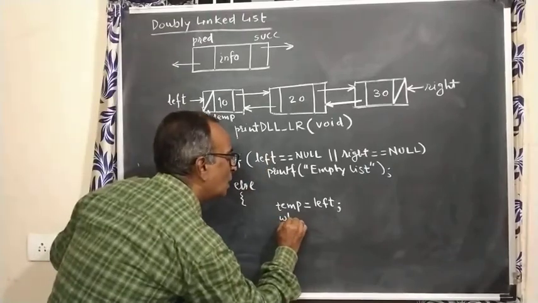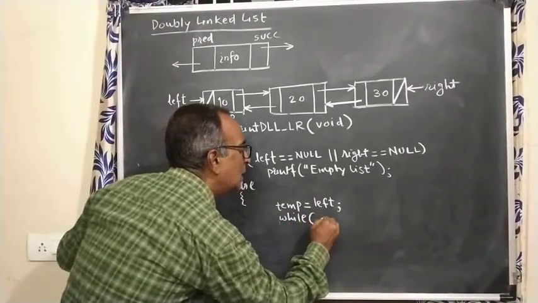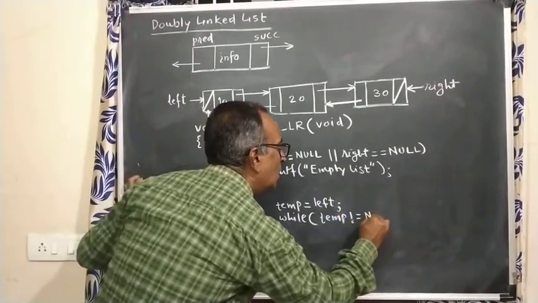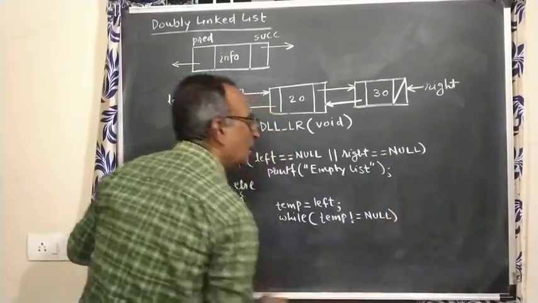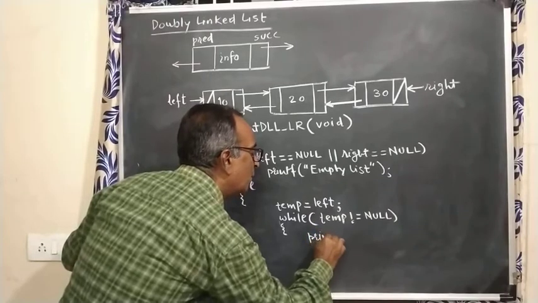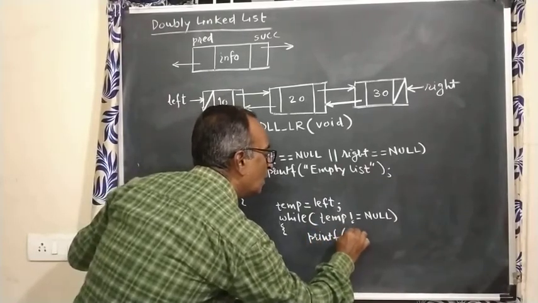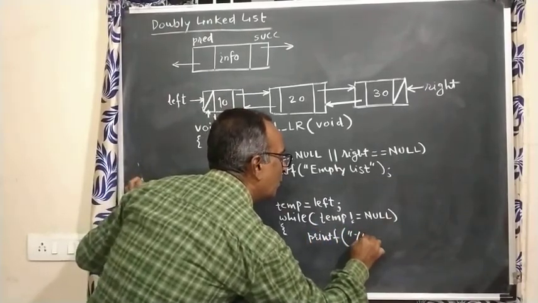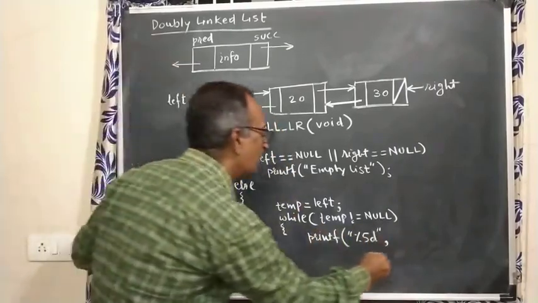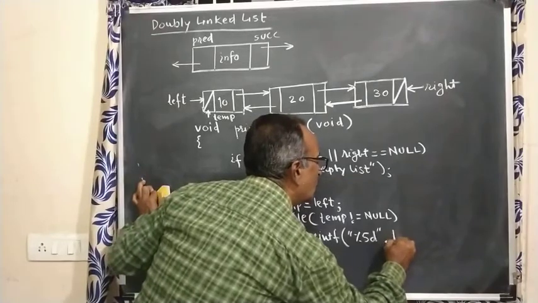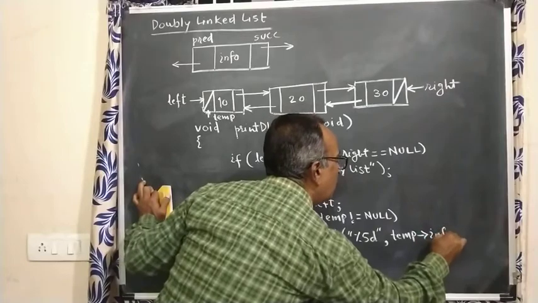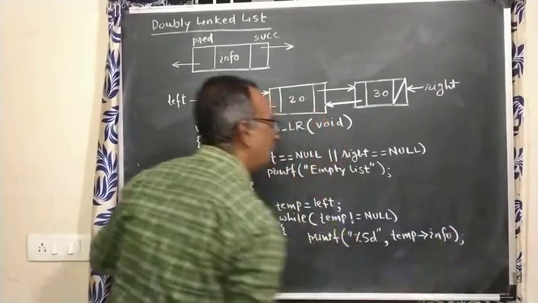Same as whatever we did in the singly linked list: while temp is not equal to null, what has to be done? That is printf. I'll give %5d, that is, print the integer in 5 spaces, and then temp's info, if info is the identifier, so you are printing the info.